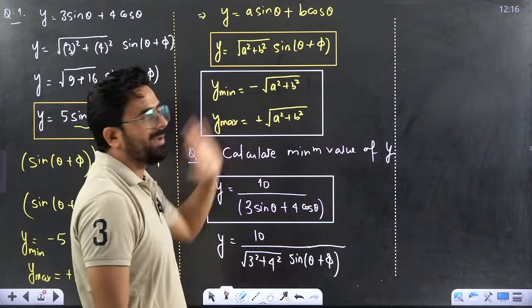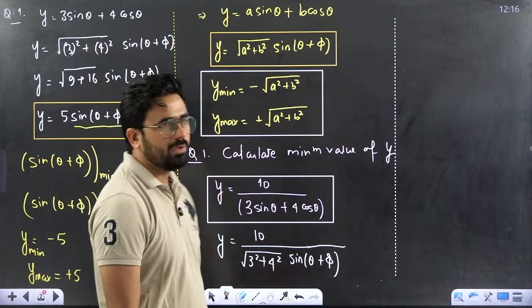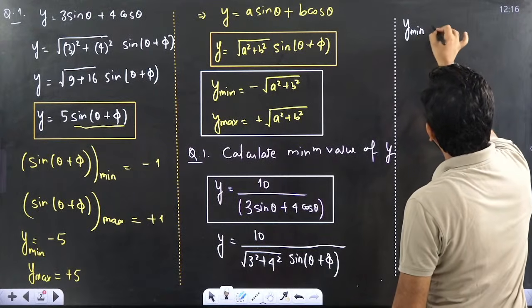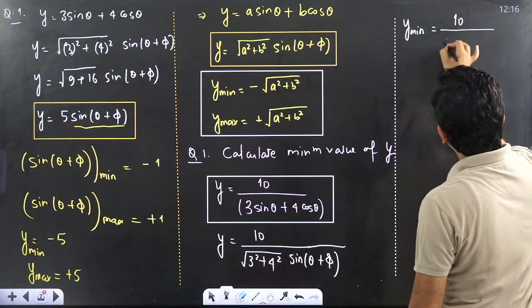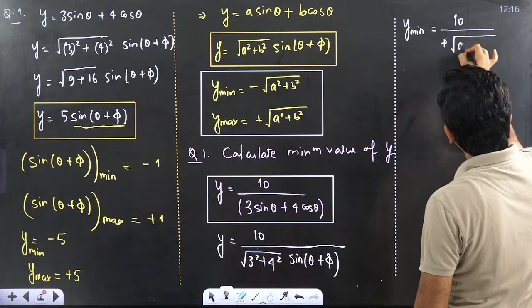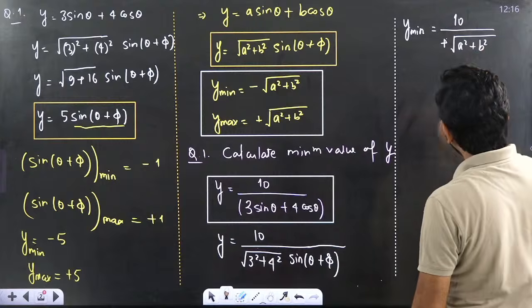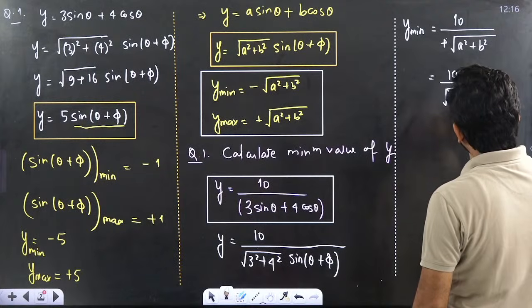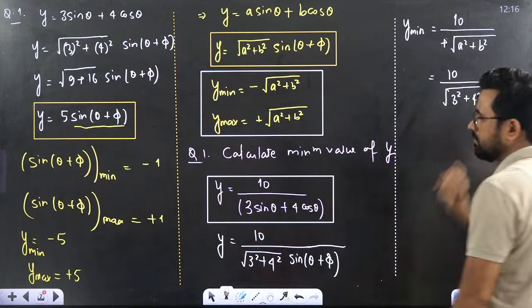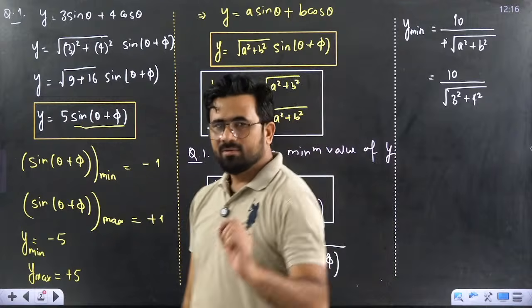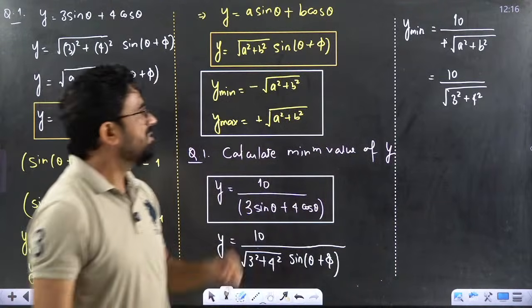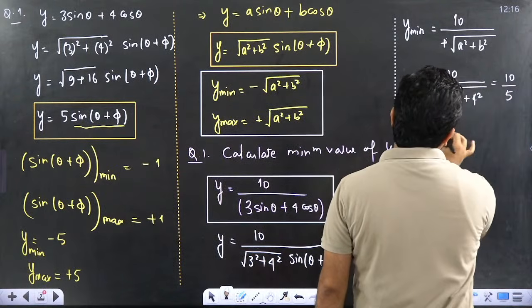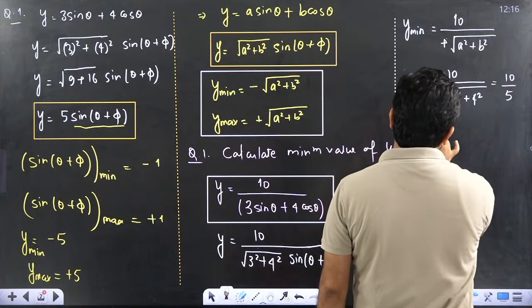And I already told you what the maximum value is, plus of root a square plus b square. So directly you can say y minimum value is nothing else but 10 divided by plus value under root of a square plus b square. We already know what a and b are. So you can say 10 divided by under root of 3 square plus 4 square. 3 square is 9, 4 square is 16, 9 plus 16 is 25. Root 25 is 5. That means this becomes 10 divided by 5. The answer is 2. This is the y minimum value.